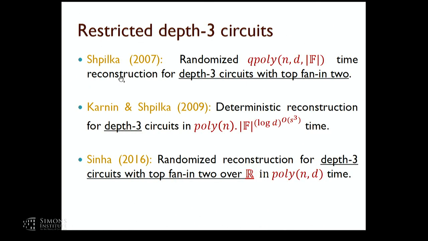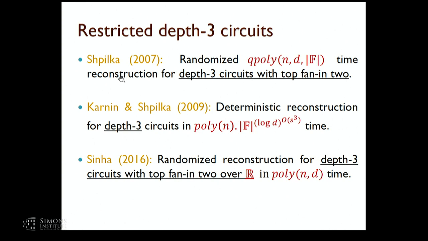Then Amir gave reconstruction over finite fields for depth three circuits with top fan-in 2. This is a quasi-polytime algorithm. It was extended to constant fan-in, again over a finite field. And they also de-randomized the algorithm in the process.